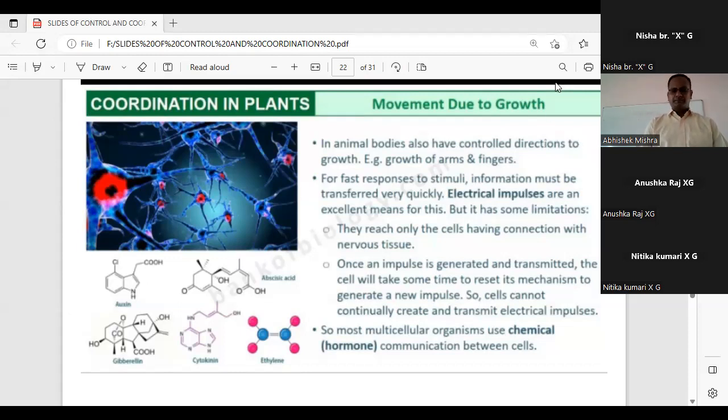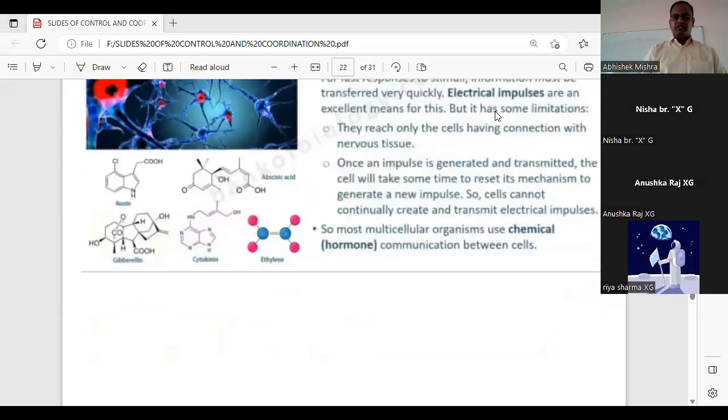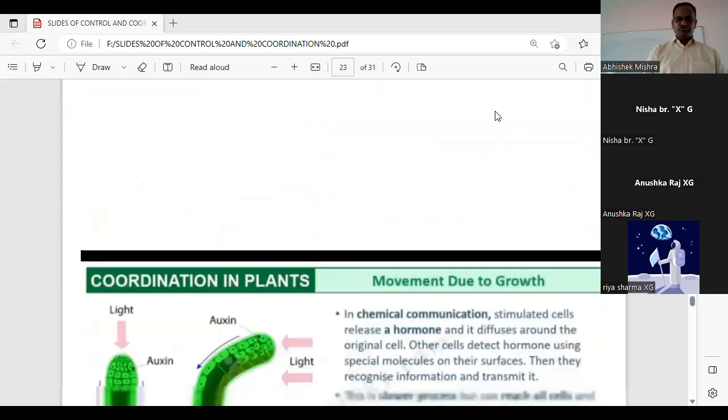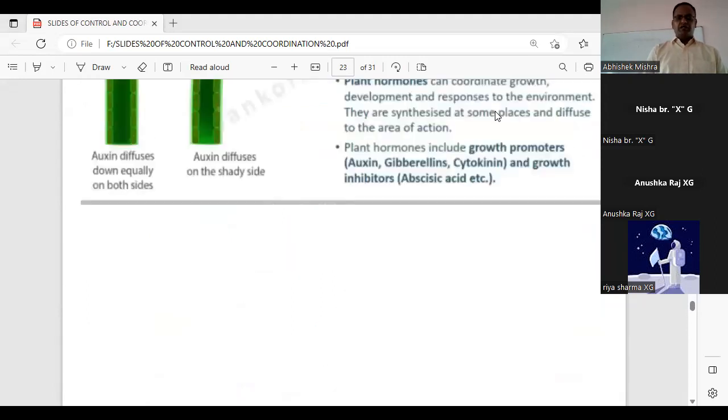Now, students, we will be coming to today's topic, that is the coordination in the plant with the help of chemicals, which are called plant hormones. Now, students, remember, plant hormone is a technical term.